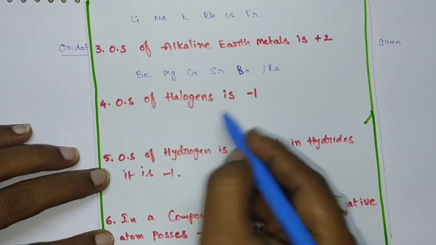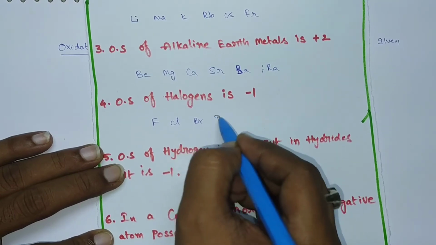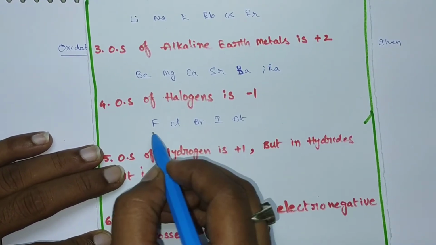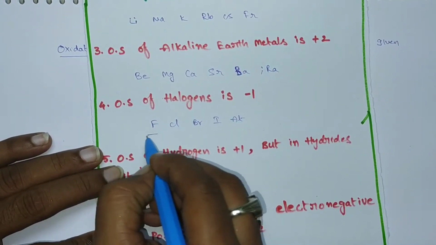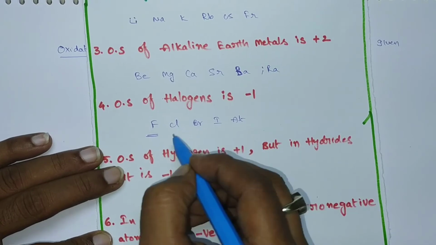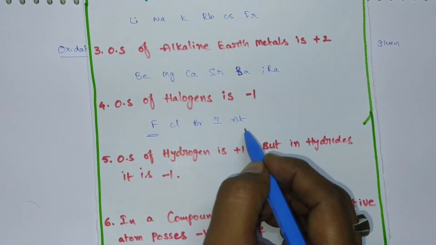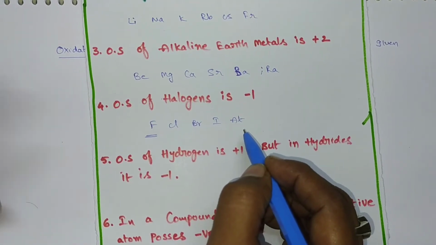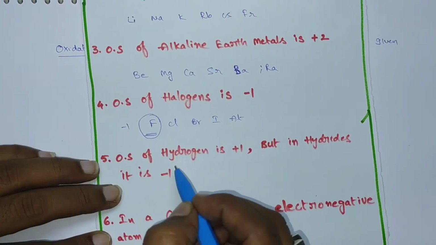Halogens means generally fluorine, chlorine, bromine, iodine and astatine. Mostly all the halogens exhibit -1 oxidation state, but fluorine always exhibits -1 oxidation state, whereas the remaining halogen atoms exhibit some variable oxidation states. But fluorine always exhibits -1 oxidation state.